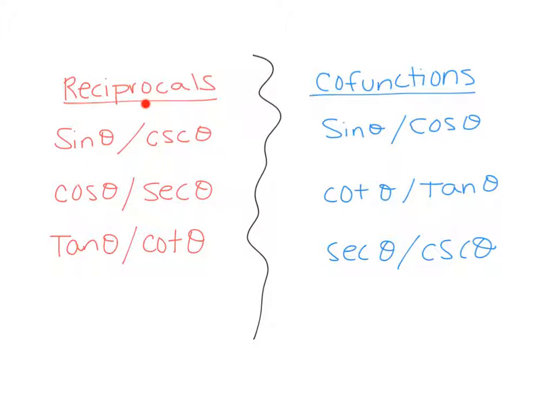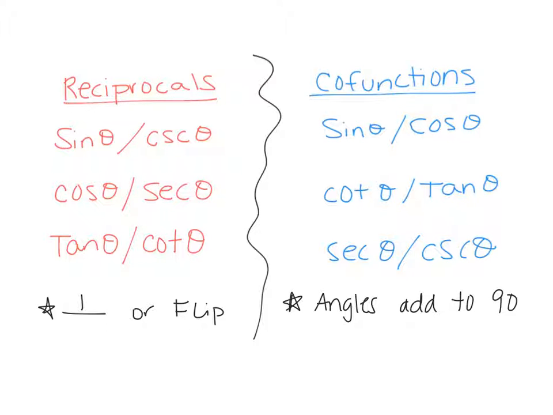So these are going to be things that unfortunately you're going to have to memorize. Remembering that reciprocals are 1 over the function, or flipping. And remember that cofunctions, their angles add to 90. Okay, so these are the two main differences between reciprocals and cofunctions.